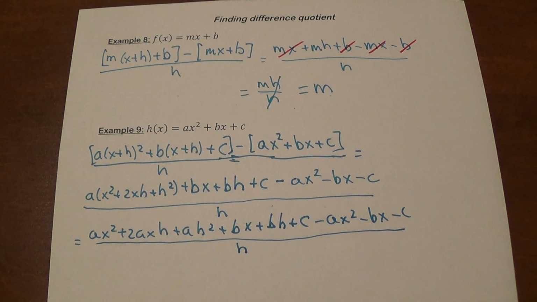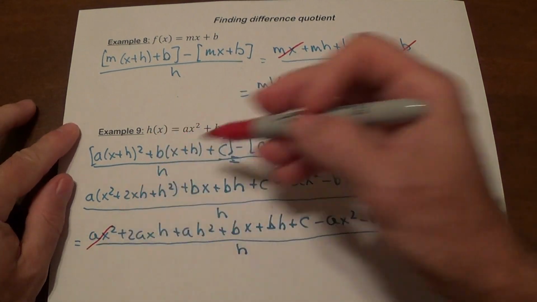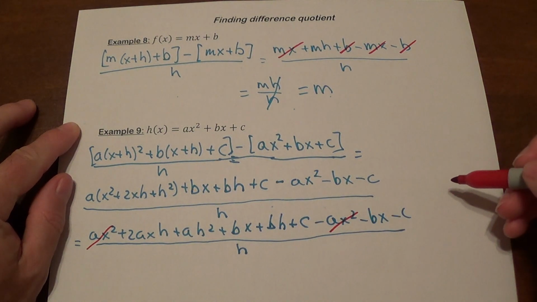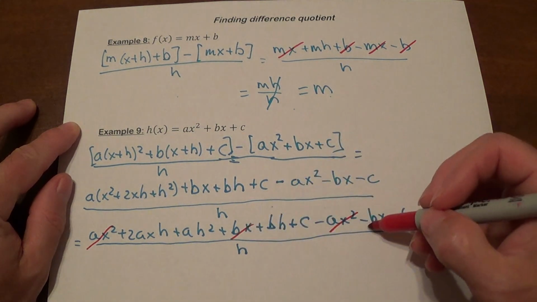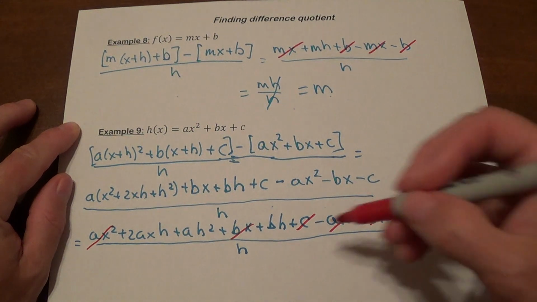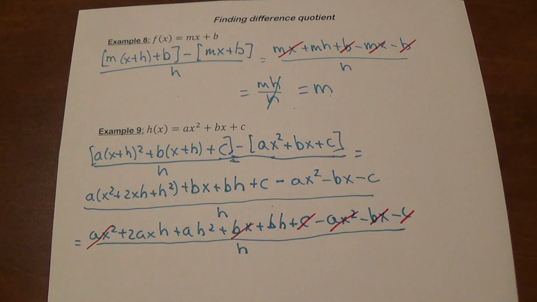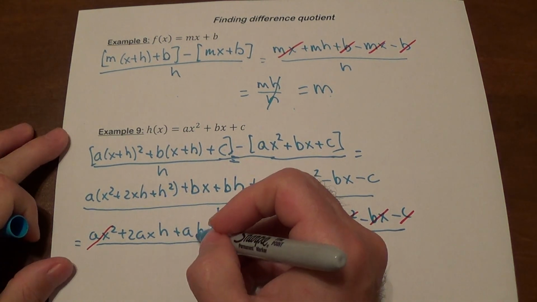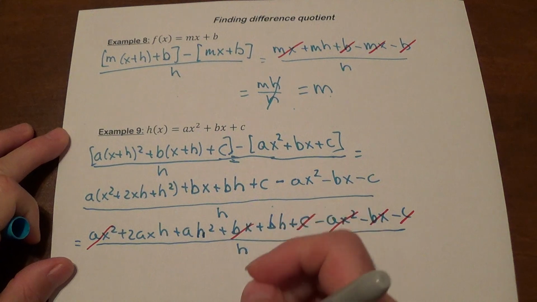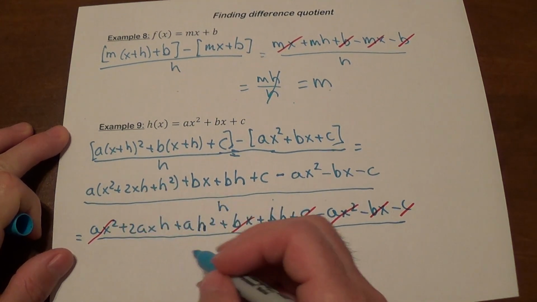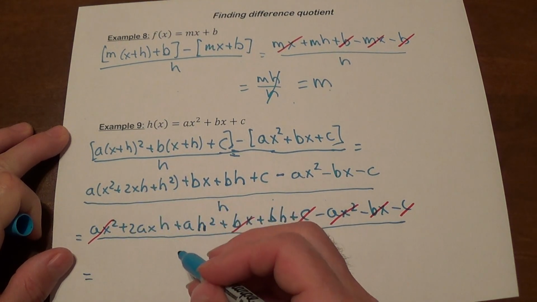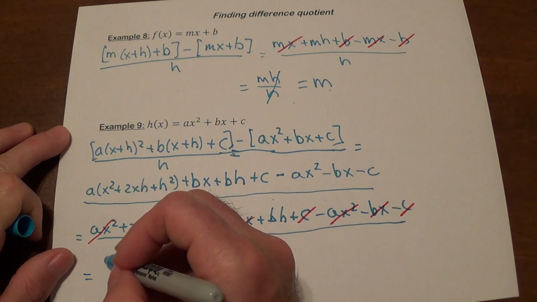And now ax squared is going to cancel, bx is going to cancel, and c is going to cancel. And the only terms you are going to see that are left in the numerator are the ones containing h at least once. Let me correct this so it doesn't look like b. And then we can factor out the value, well, h.